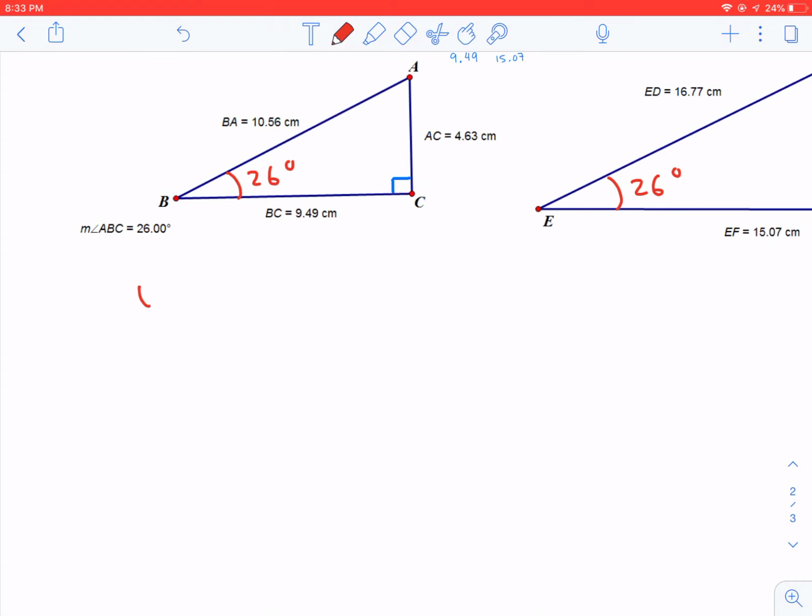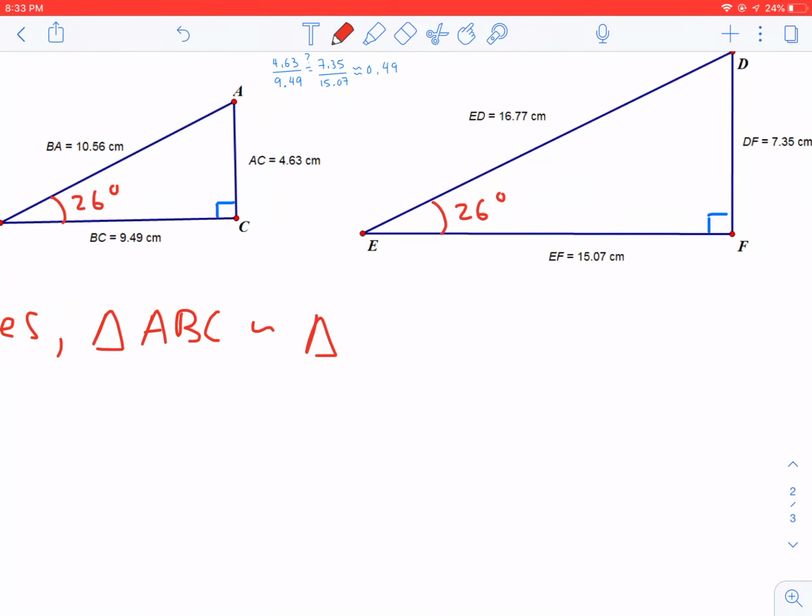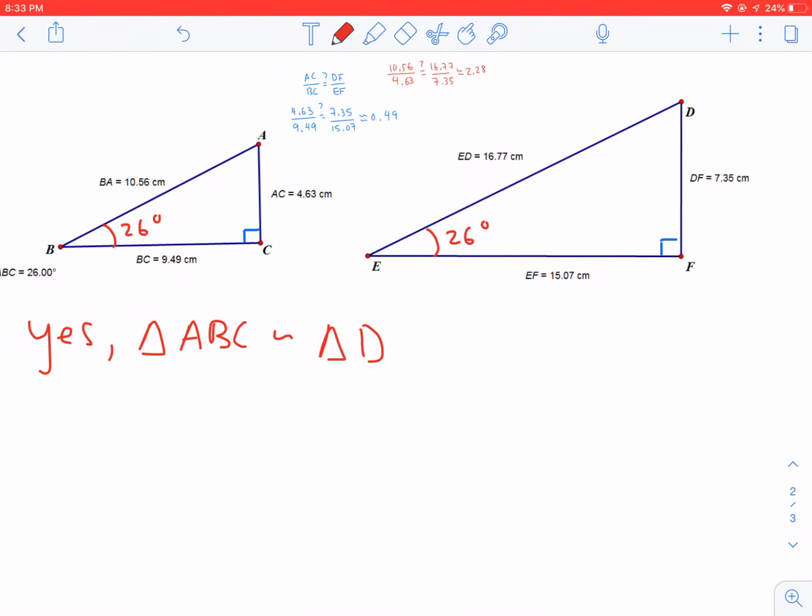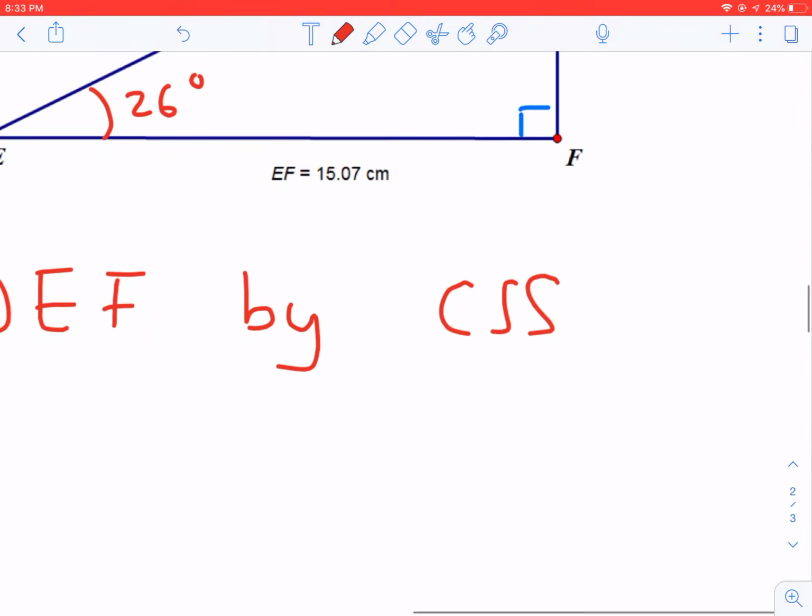So to answer the first question, yes, triangle ABC is similar to triangle. If I call that ABC, I gotta call this guy DEF, right? Because corresponding sides of similar triangles are in proportion.